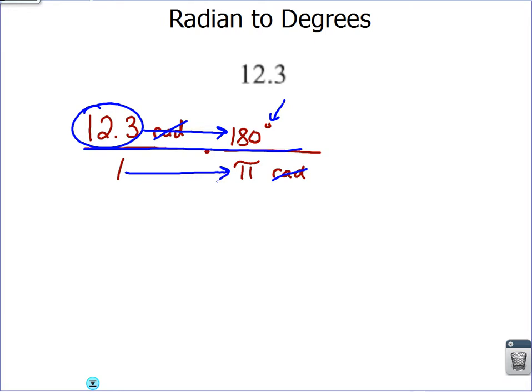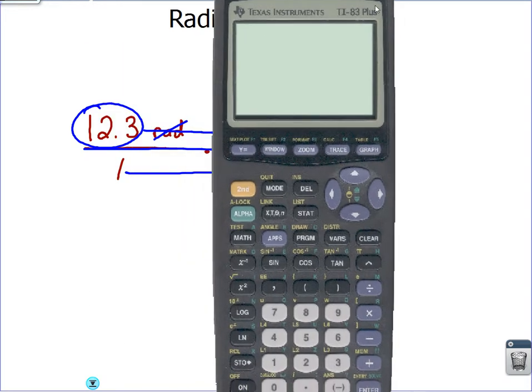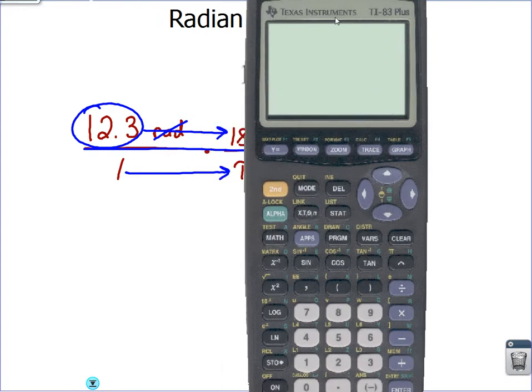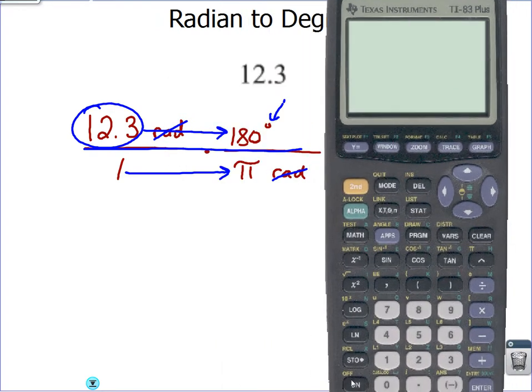So that ends up with, let me pull up my calculator. Clear. 12.3 times 180. Enter. Divided by, and you can use your pi button if you'd like, about 704 degrees.